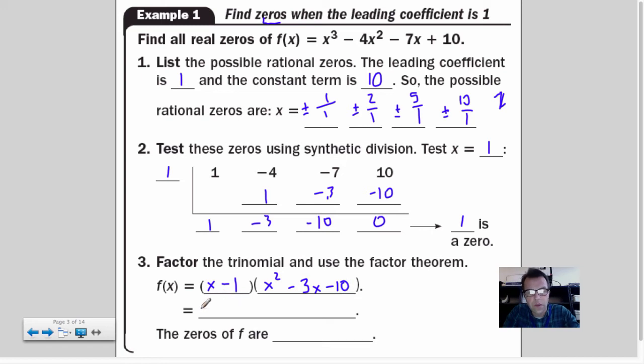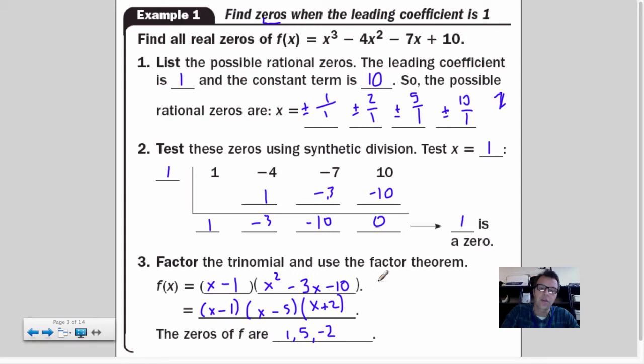And then if you notice, that parabola does factor. And finally, you get your zeros are 1, 5, and -2.